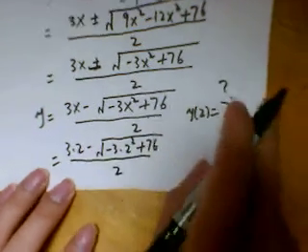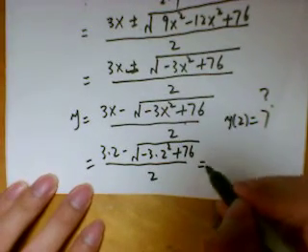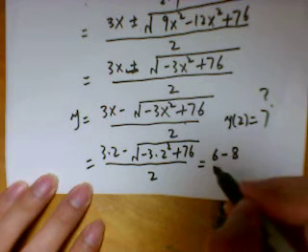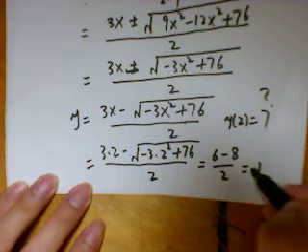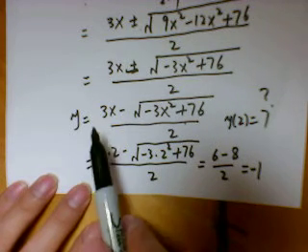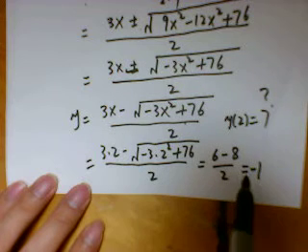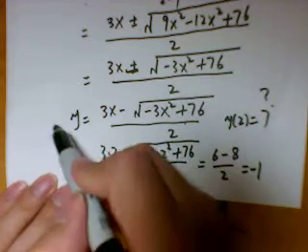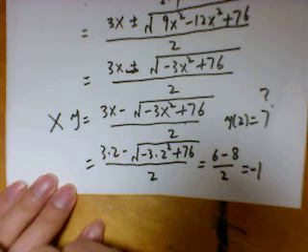And we're gonna get 6 minus 8 divided by 2, and that gives you negative 1. So it's very clear, when we plug in x equals 2, y equals negative 1. However, the initial condition is y of 2 equals 7. So this solution should be deleted.